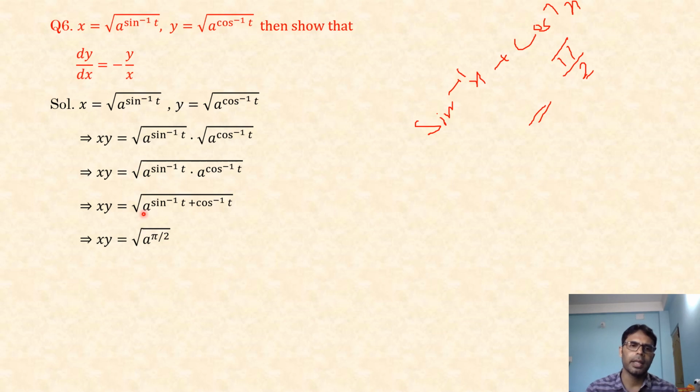The right hand side is a constant only, so if we differentiate, the right hand side automatically becomes 0. Now apply the product rule, differentiating with respect to x.